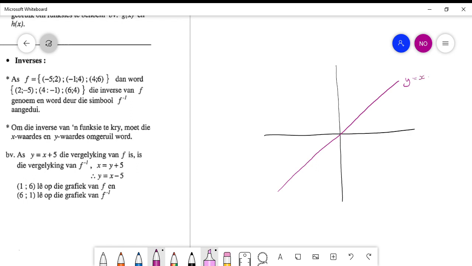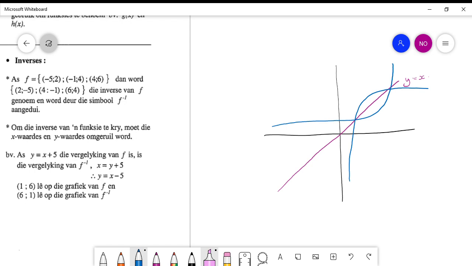Okay, so let's say I have an exponential graph that goes like this. Then I use that purple line as a little mirror, and then the inverse function of that will look like this. So graphically, an inverse function is where you use that purple line and you reflect your function in that.